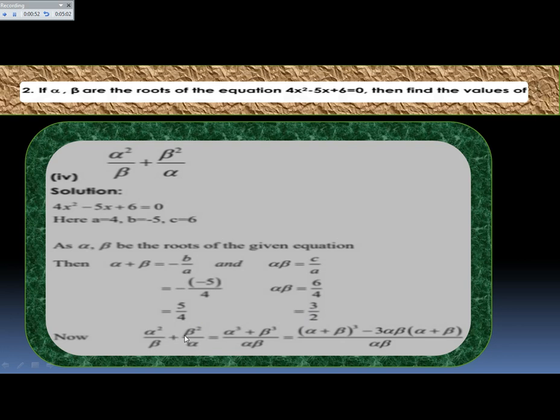Alpha square upon beta plus beta square upon alpha, taking LCM, gives alpha cube plus beta cube upon alpha beta. The formula of alpha cube plus beta cube is alpha plus beta whole cube minus 3 alpha beta times alpha plus beta.